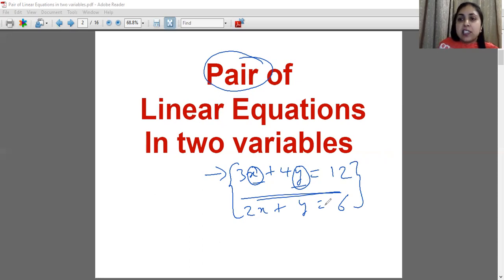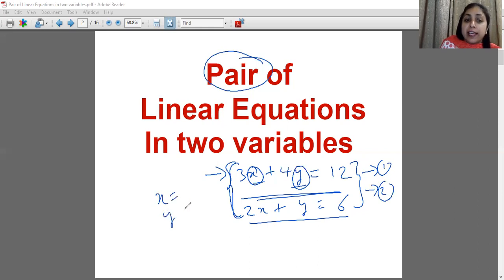We have some definitions that we will learn later on, the consistent and inconsistent system. Now we have two equations, and by solving these two equations using various methods, we can easily find the value of x or y. What kind of values of x and y there are, that we will learn in our next slide. Okay, got it? So here comes the next point.